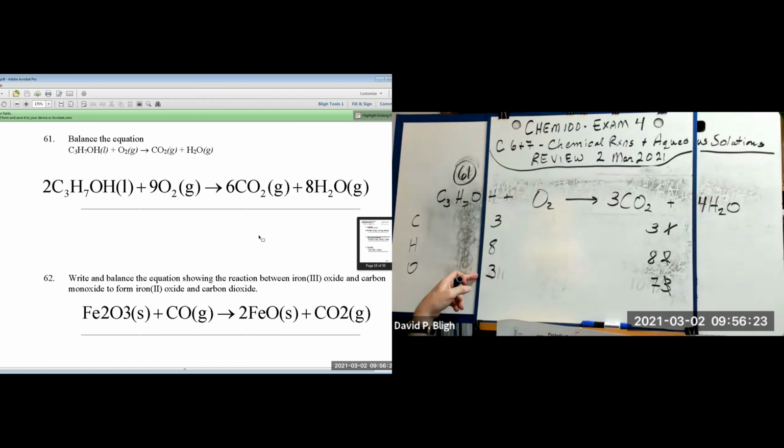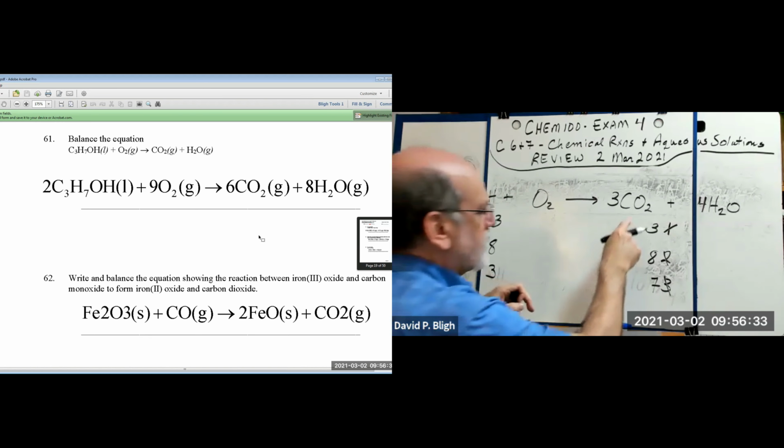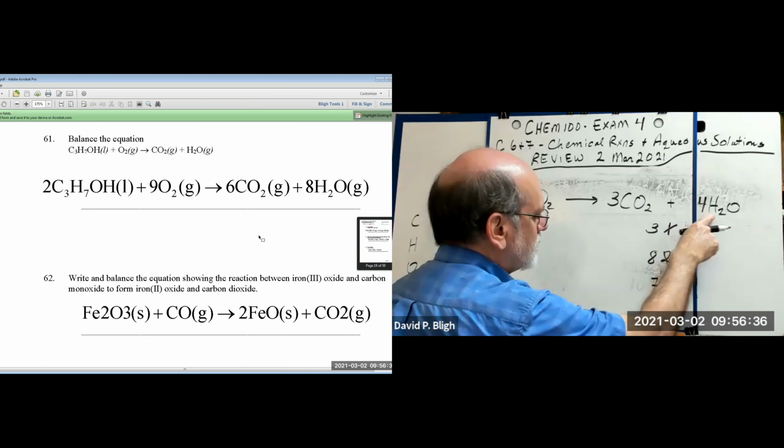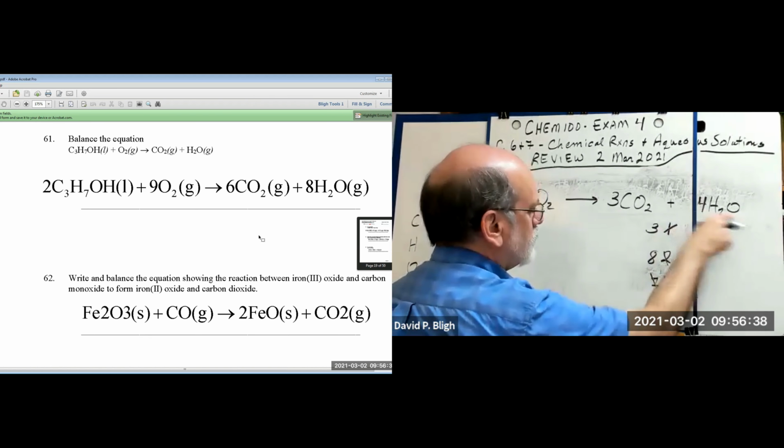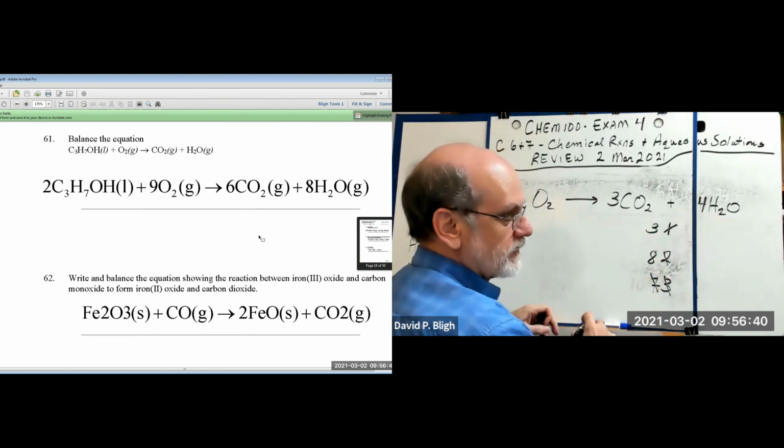Okay. So now we've got carbons balanced, hydrogen balanced. We've got to balance oxygens. We need 7 oxygens. But let me count again. 6, no. 4 and 6 is 14, correct?